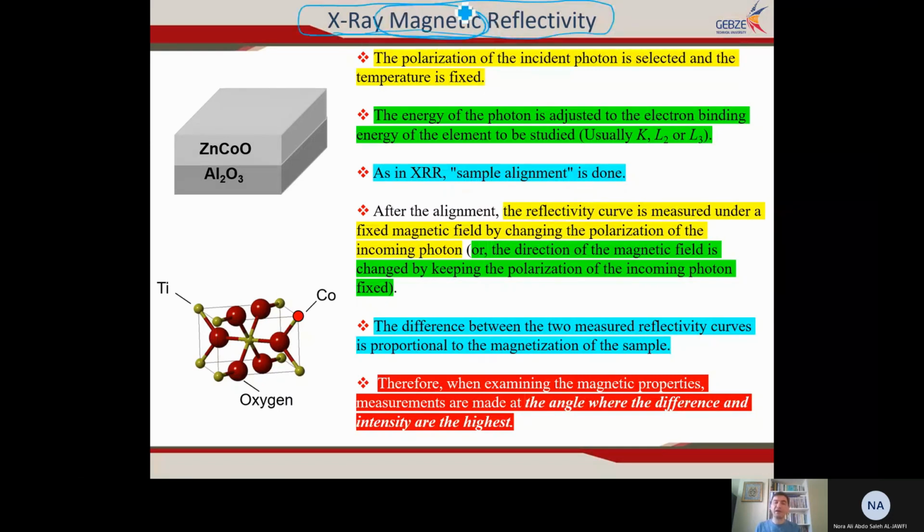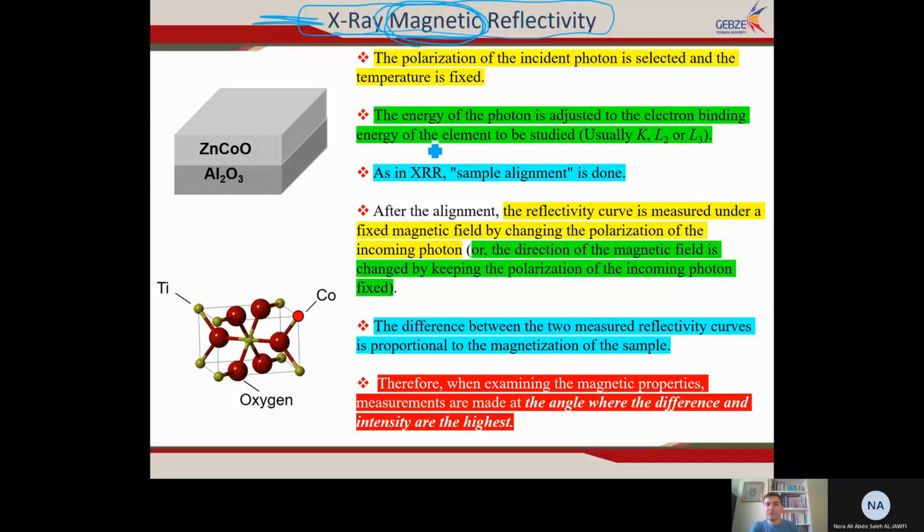And don't forget that in case of X-ray reflectivity measurements, which we discussed during the last lecture, we are using hard X-rays. But in case of X-ray magnetic reflectivity, we are using soft X-rays.